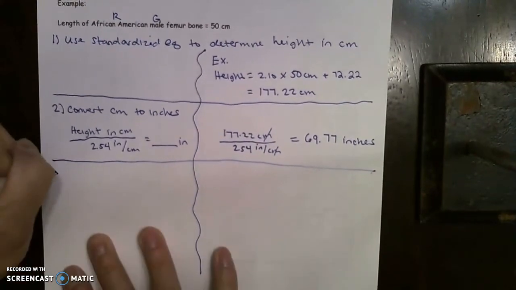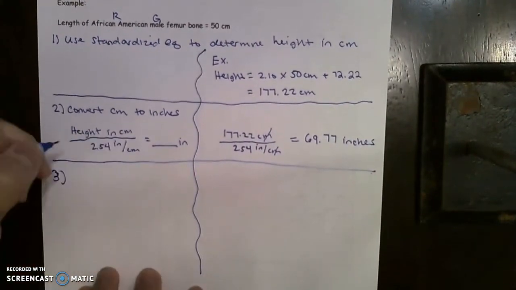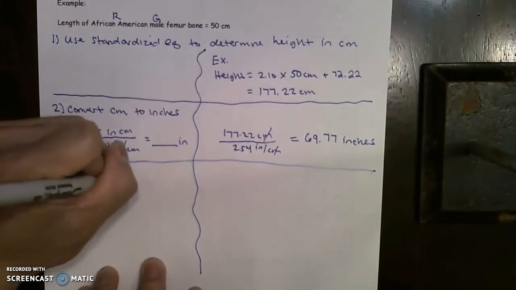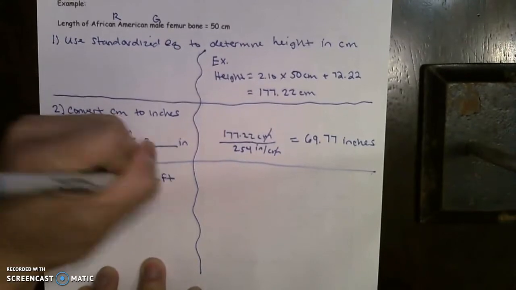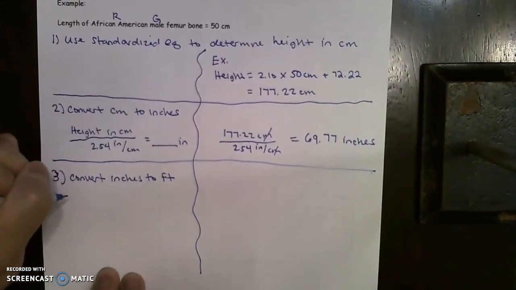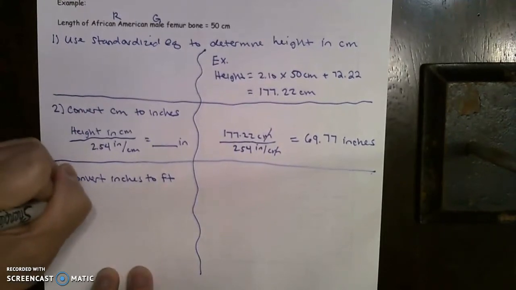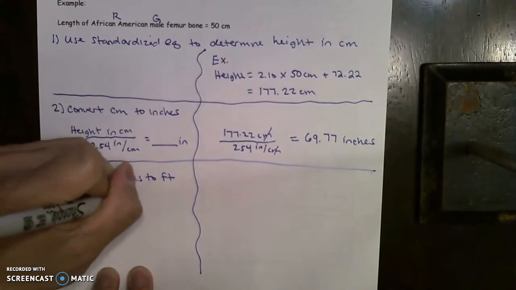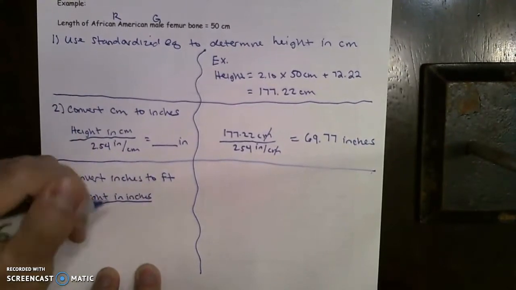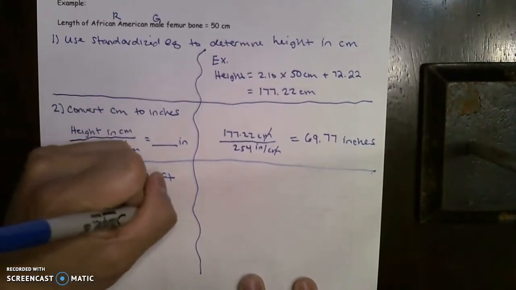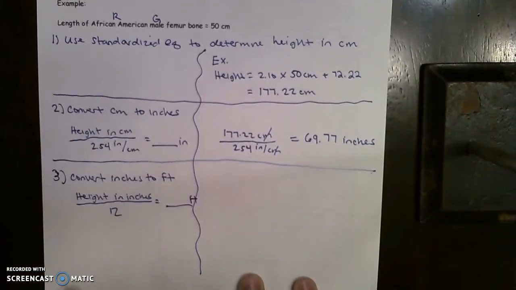Step 3, what we'll do now is convert the inches to feet. We know that there are 12 inches in a foot, so my equation is going to look something like this. Height in inches divided by 12, and that's going to give me my answer in feet.